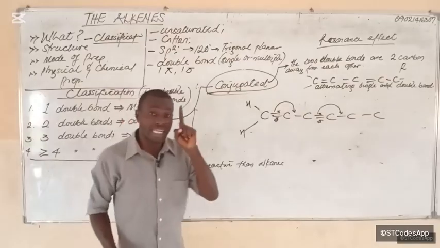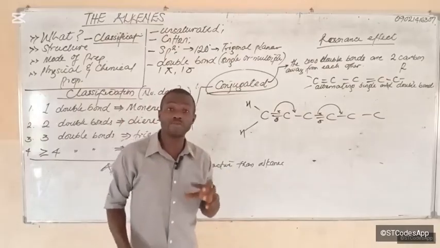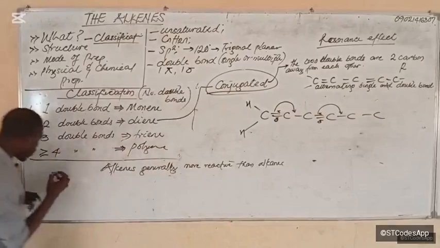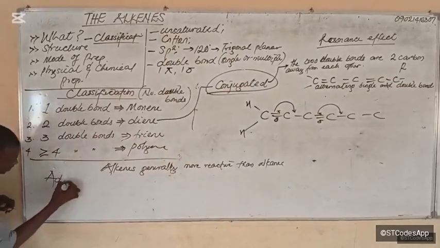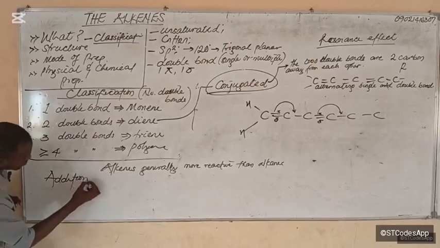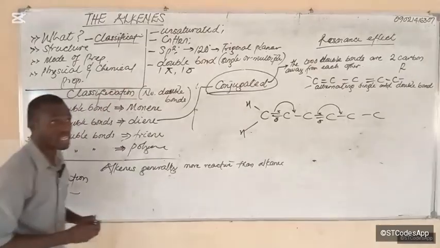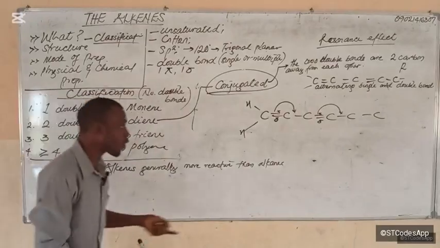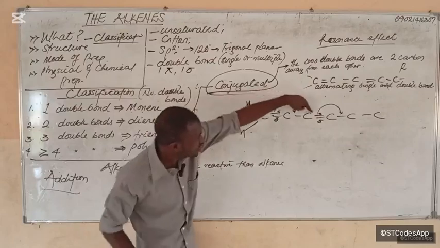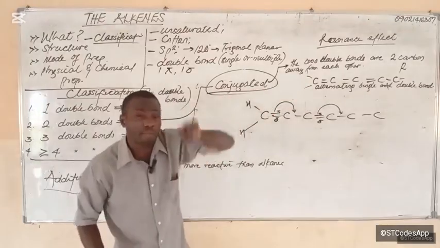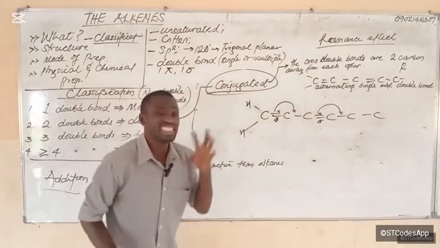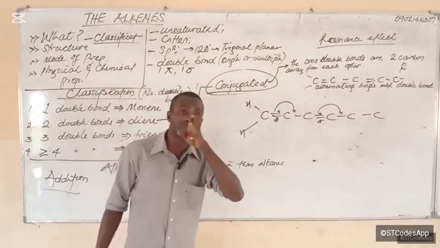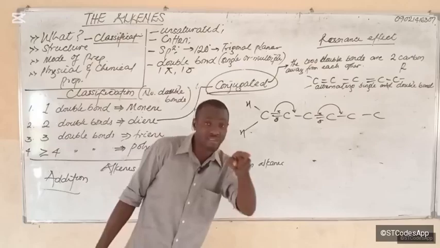Whenever a reaction wants to occur with alkenes, it is mostly an addition reaction, which we are going to cover under chemical properties. This double bond, which is majorly the pi bond, is the target center of the reagent.